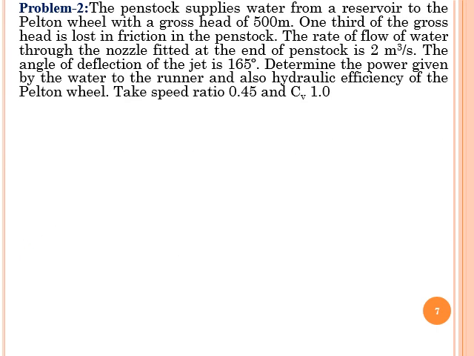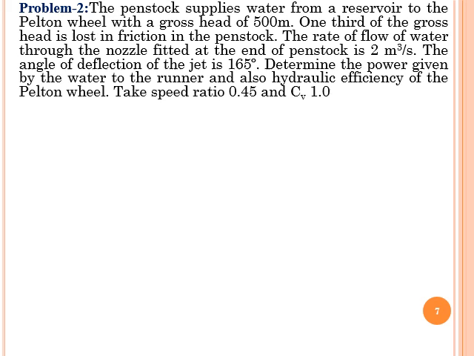Next, second numerical on this Pelton wheel turbine. The penstock supplies water from a reservoir to the Pelton wheel with a gross head of 500 meter. One third of the gross head is lost in friction in the penstock. The rate of flow of water through the nozzle fitted at the end of the penstock is 2 meter cube per second.